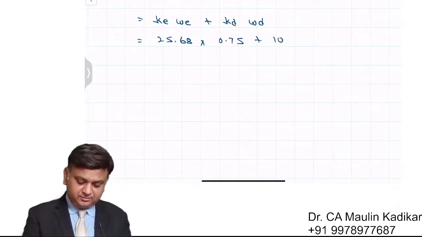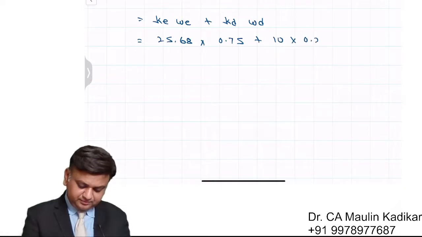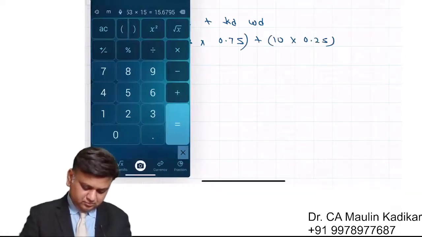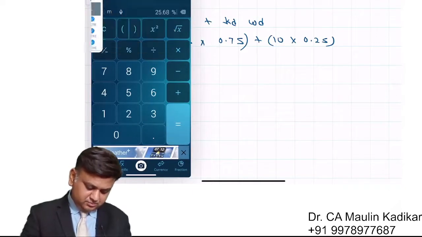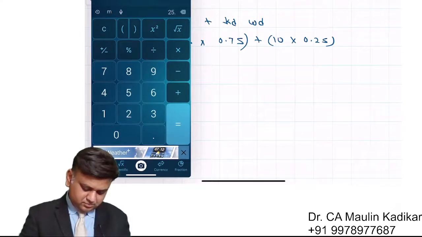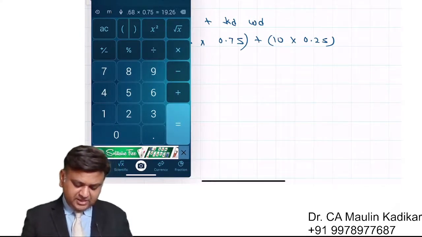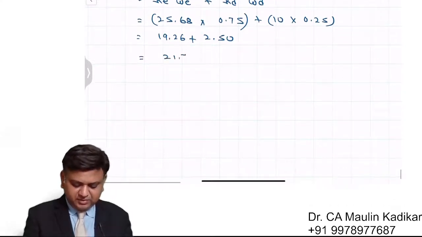KD is 10 and weight of debt financing is 0.25. So 25.68 into 0.75, so 19.26 plus 2.5. That comes to 21.76.